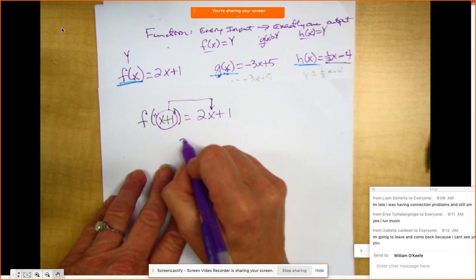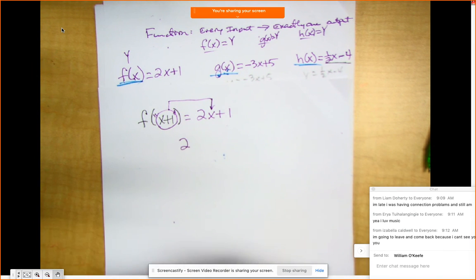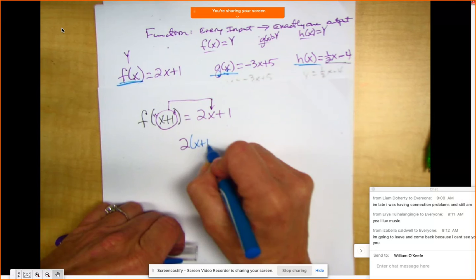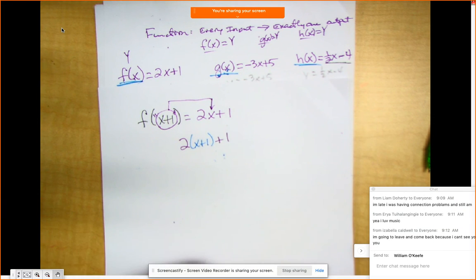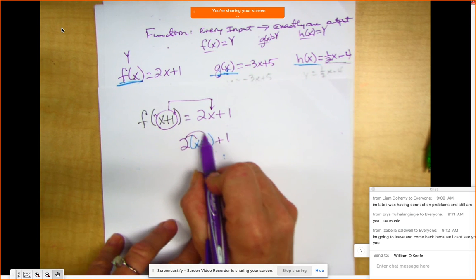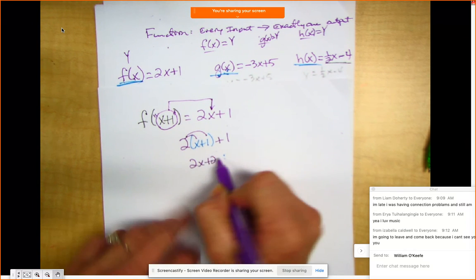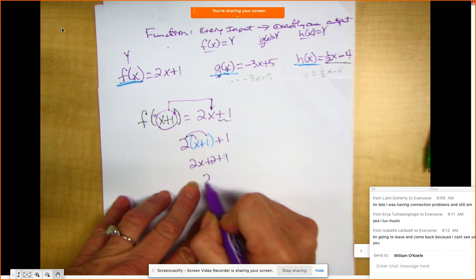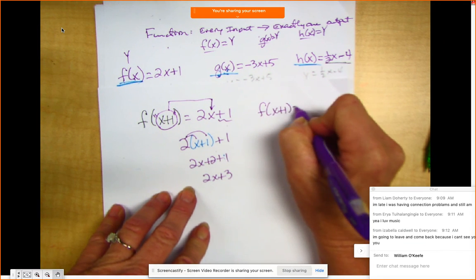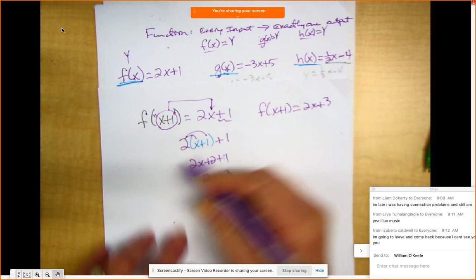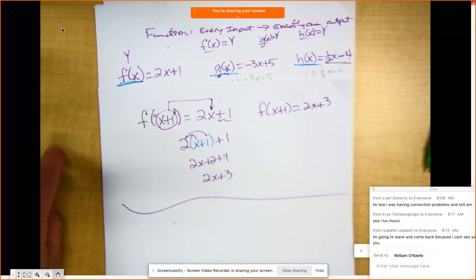So I'm going to write 2, and I'm going to use parentheses. I'm substituting in x plus 1 for x. It's weird, and your answer is not just a number. You're actually going to get a new equation. When you distribute out, you get 2x plus 2. Don't forget that plus 1 was there. So I get 2x plus 3. So f of x plus 1 is equal to 2x plus 3. Rewatch this video several times if need be.